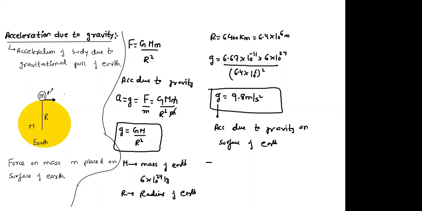Whatever be the mass of the body placed on the surface of Earth, you can place a pen or you can place a truck, the value of acceleration due to gravity will be independent of the body. It will be 9.8 meter per second square.